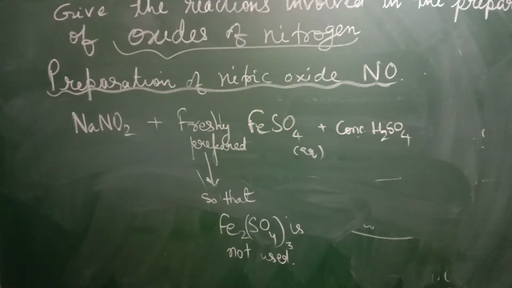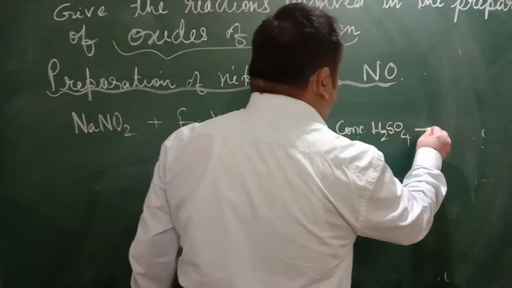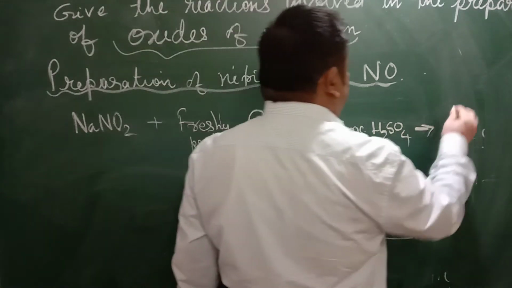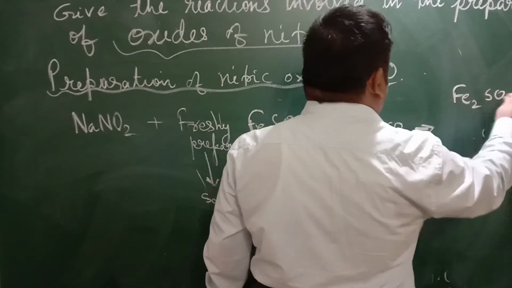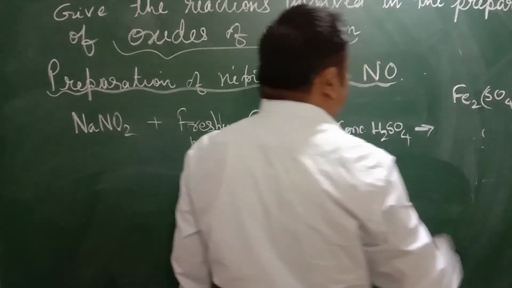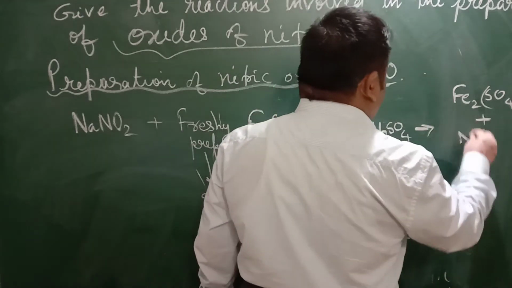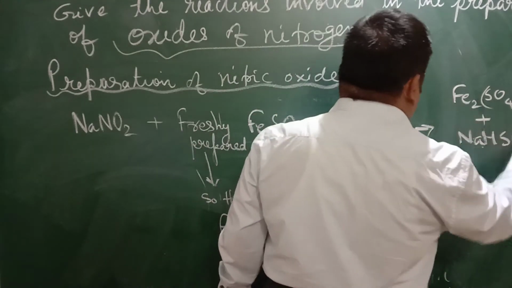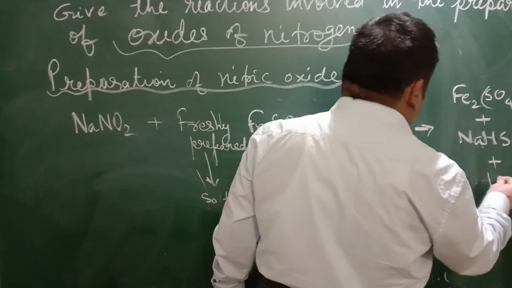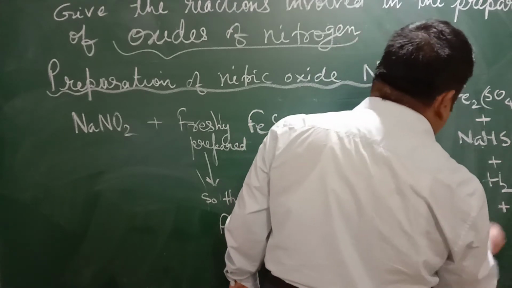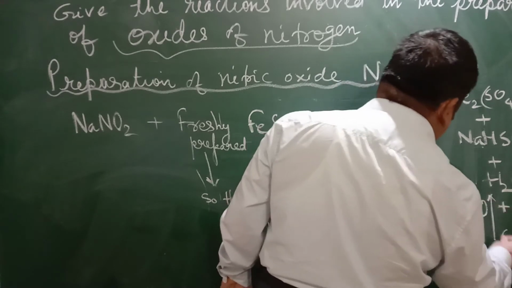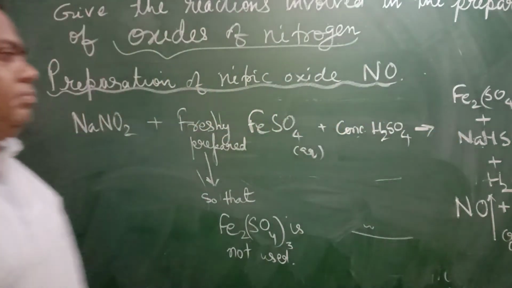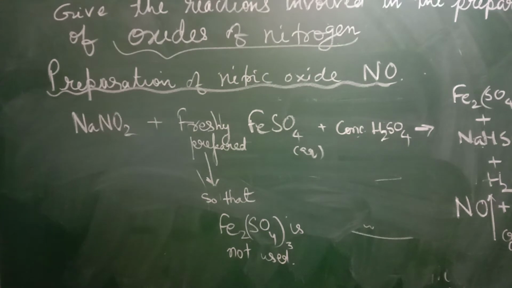On doing so, what is formed? Ferric sulfate, Fe2(SO4)3, is formed, plus NaHSO4 is formed, plus water comes out, and plus NO is formed. We will balance it.